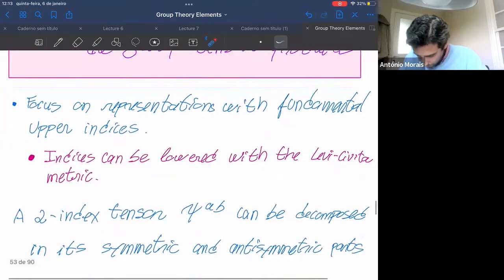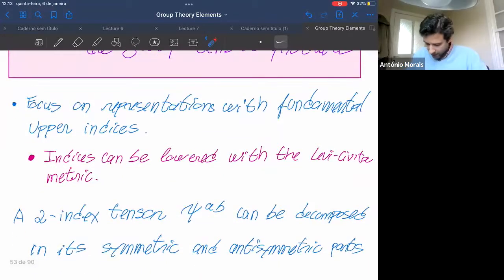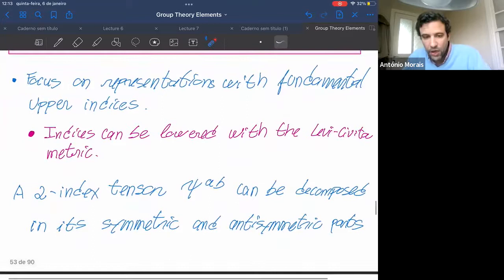Right. So a two-index tensor. This is the simplest example of what we want. First let's set up the stage of what we want and why we care about it. We have a two-index tensor psi AB that can be decomposed into symmetric and antisymmetric parts.